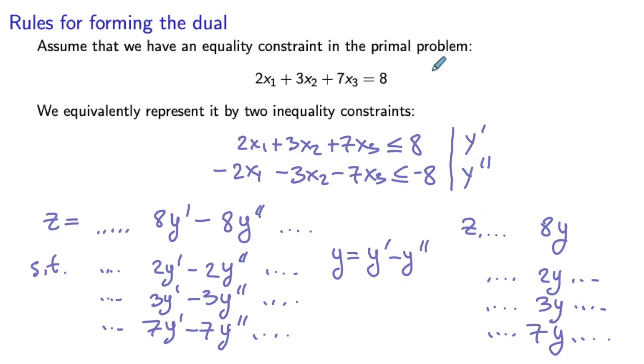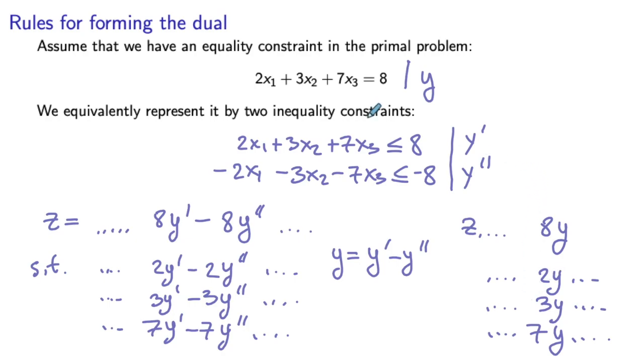So what essentially happened here is that we introduced a dual variable y for this equality constraint, and the way this dual variable y appears in the dual problem is with the coefficient of 8 in the objective and the coefficients from the left hand side of this equality in the constraints.